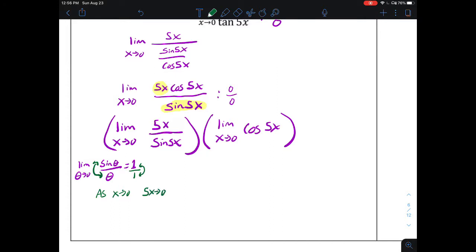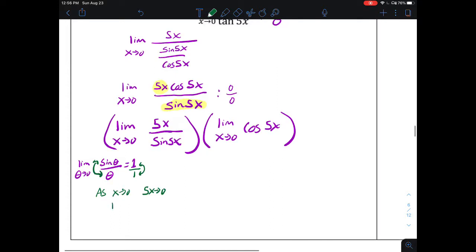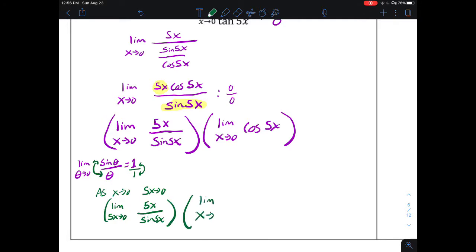And so we could write it as the limit as 5x approaches 0 of 5x divided by sine of 5x times the limit as x approaches 0 of cosine of 5x.